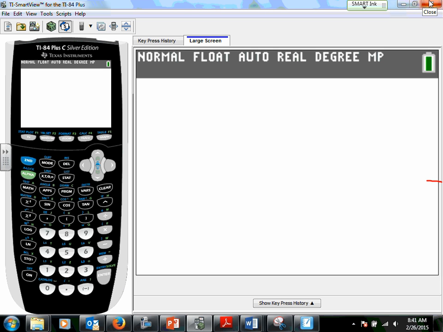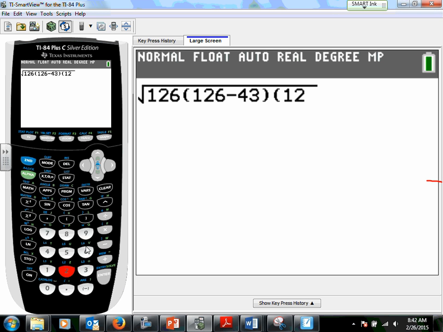My calculator, and I can just show you here. Well, so we can do the square root of, what was it, 126? Yeah. And then parentheses, 126 minus 43. Close your parentheses. Open parentheses. 126 minus 89.